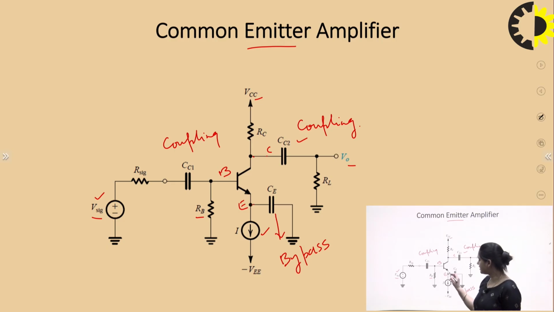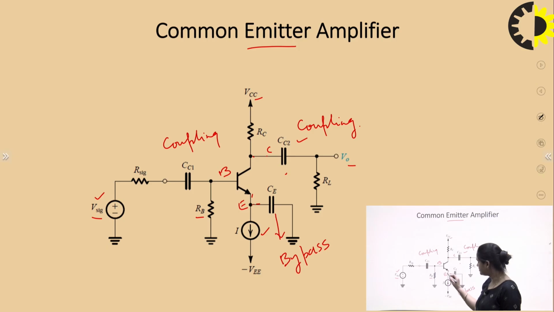Whenever this CE has very small impedance magnitude, it will behave as a short circuit and this node is directly connected to ground. This is the general case for the mid-band analysis. At mid-band, CC1, CC2 and CE are considered short circuited.